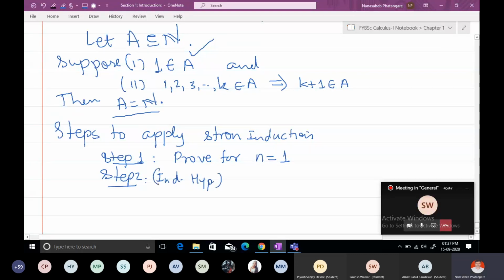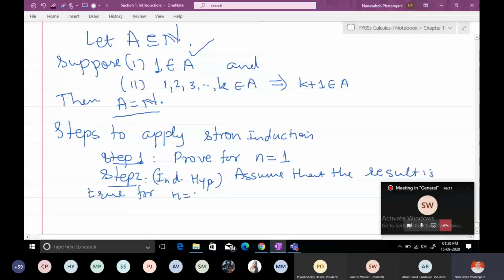So I am writing in short because now you can understand it. What is induction hypothesis? Assume that the result or statement is true for n equal to 1 up to k.